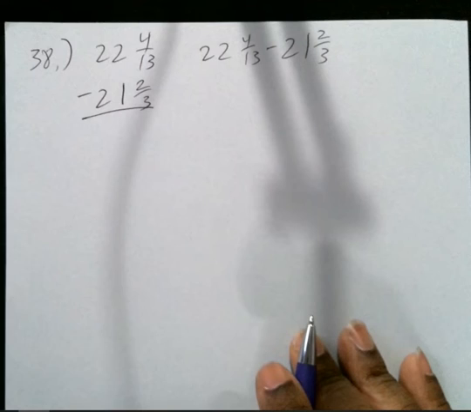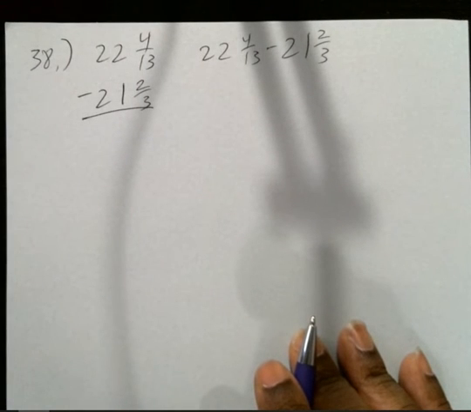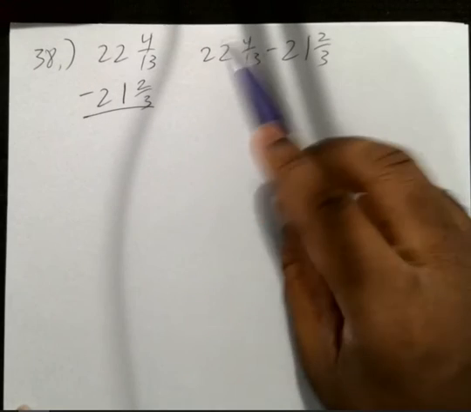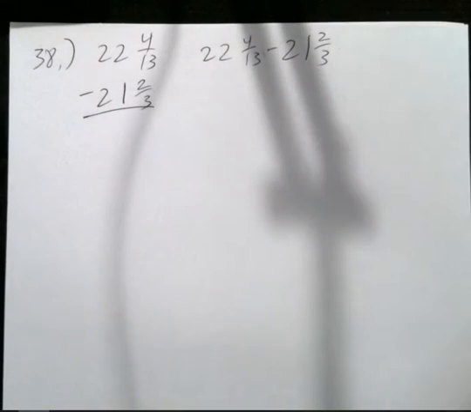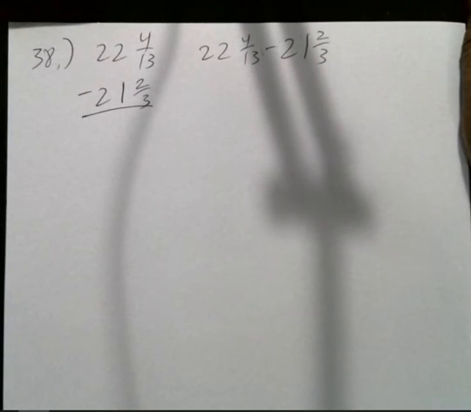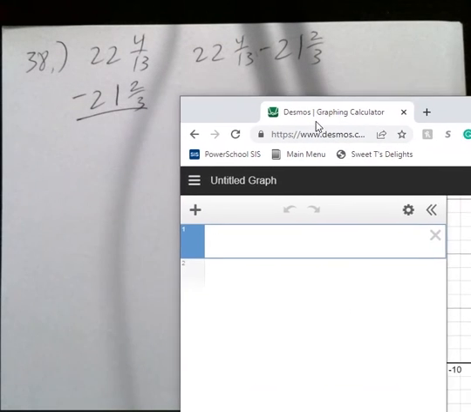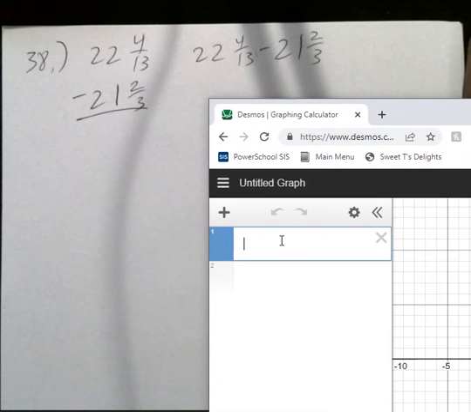Okay, now what I would suggest, well, this is how you did it. You changed these mixed numbers to improper fractions. So what I want to do here, let me see if I could pull up this Desmos calculator real quick. Because remember, you can use a calculator. So I'm going to show you how to utilize the calculator in finding out the fraction.